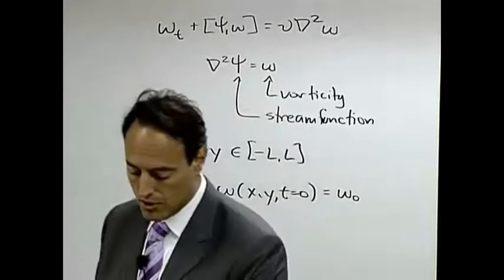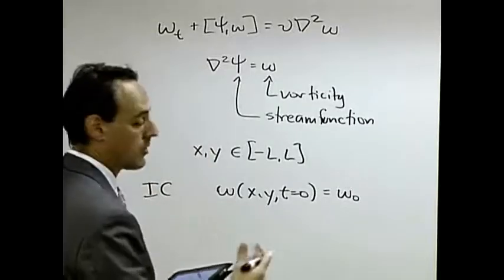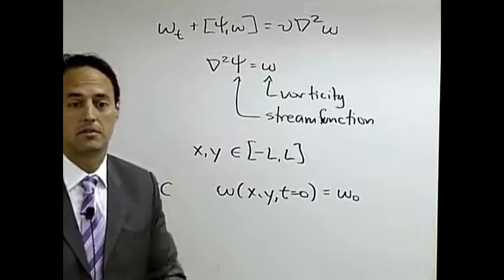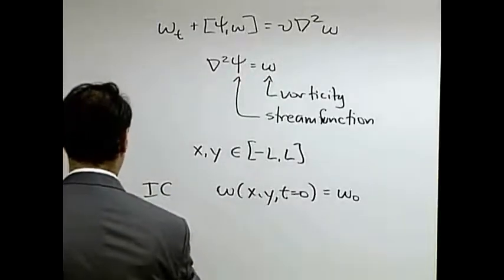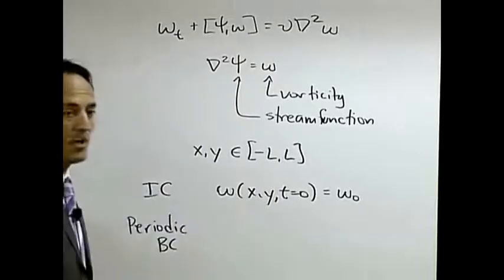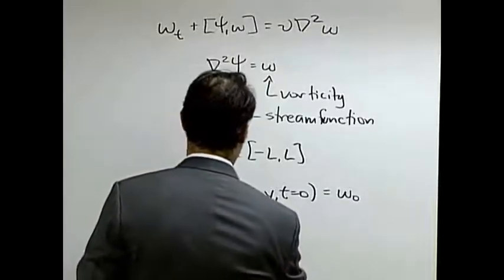And what we're going to do here, for what we're going to work with in class, is go ahead and impose the following boundary conditions, periodic boundary conditions. I'll tell you why. Periodic BC. So what does that mean? Well, here's what it means mathematically.